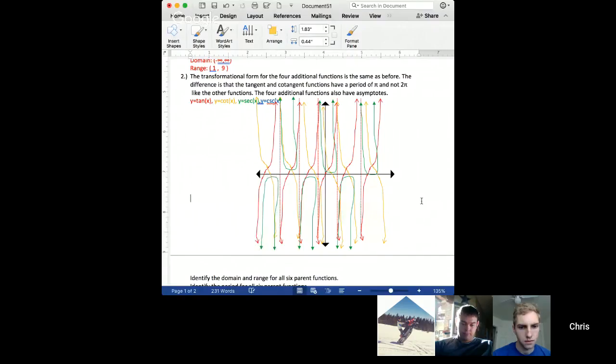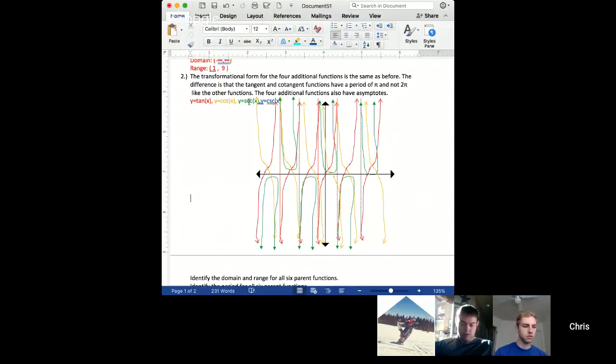There. Okay, so the way to know that this is the secant is that the difference between this one and this one, I should say, is where it starts. The secant graph always goes over the y-axis. And the cosecant, if I'm not mistaken, does the opposite, kind of like the other one.